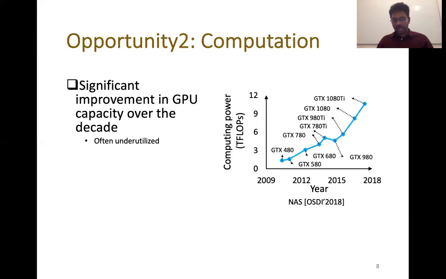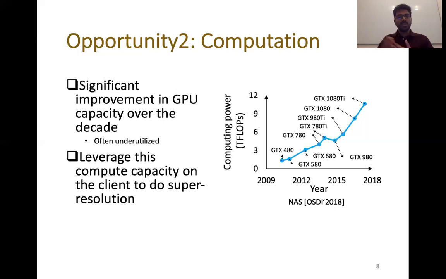And interestingly, all this computing capacity is often underutilized while watching a video because of the dedicated hardware video processors. So what we can do is leverage this underutilized compute capacity to run this super resolution model on mobile devices to enhance the video quality on the client side, thereby reducing the burden on the network.